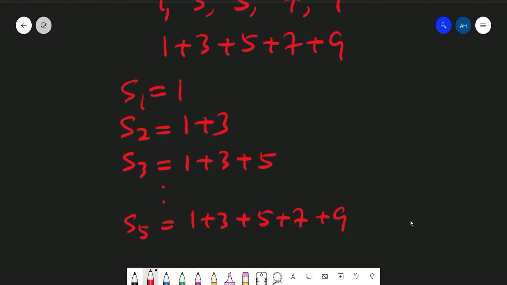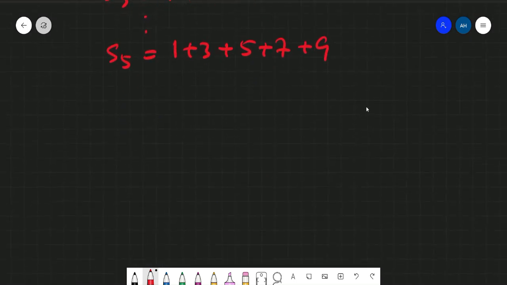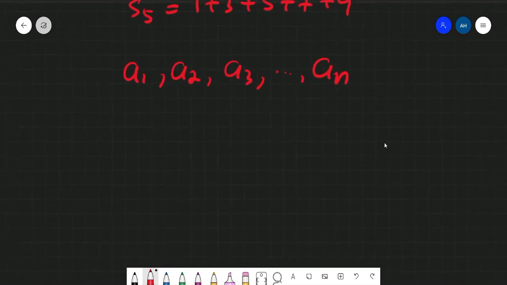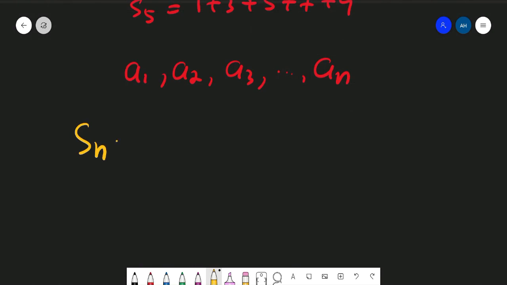Again, if we have the sequence in general, we have A1, A2, A3, and so on up to AN, for example. If we want to find the sum of the sequence, we have this formula: Sn equal to n over 2 multiplied by 2a1 plus n minus 1 multiplied by d.